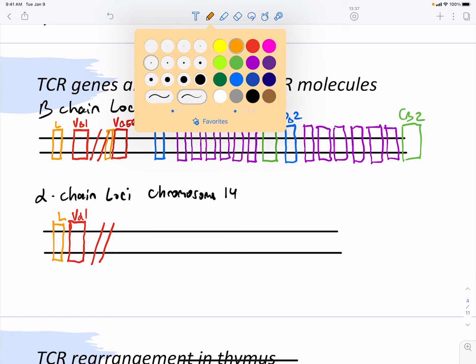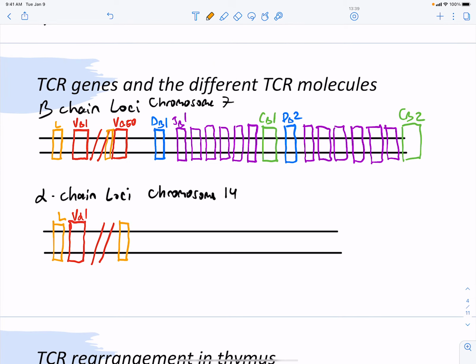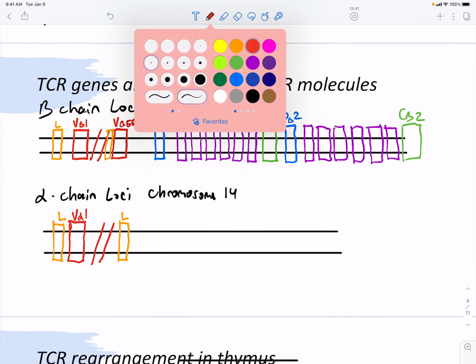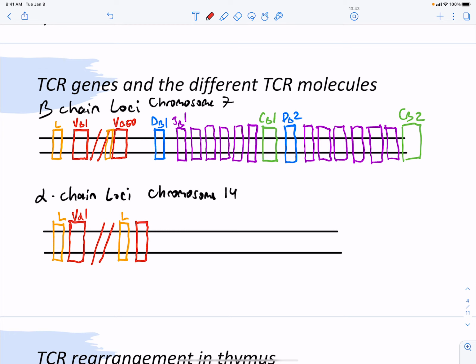So I will put our leader sequence, and then I will put variable alpha 80. And then we're going to have our joining genes, and there's up to 50 joining genes. So this is joining alpha 1, joining alpha 50.